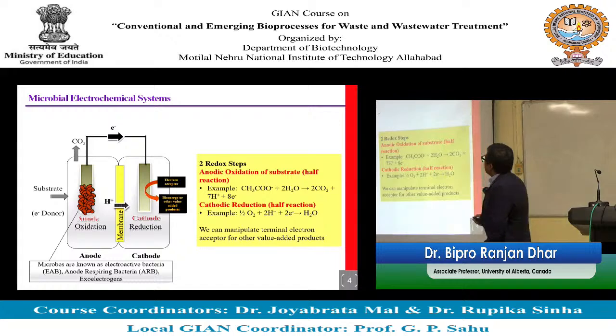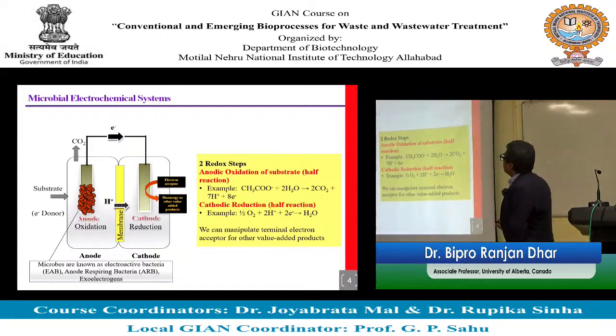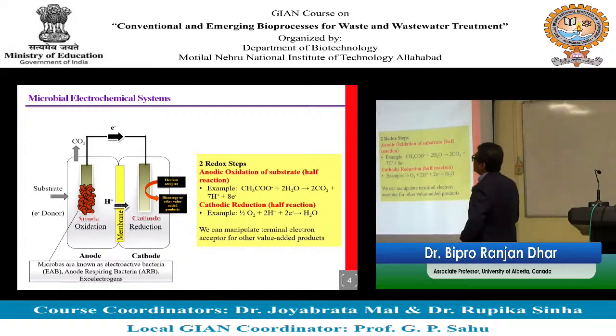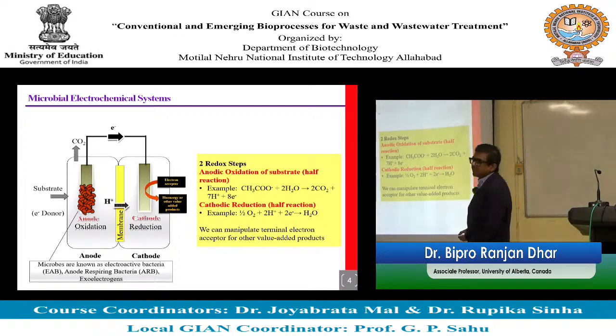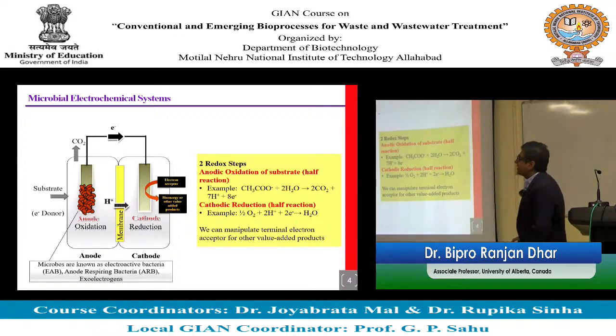Here on the cathode, you can manipulate the terminal electron acceptor and get different types of product. There is oxidation on the anode, and on the cathode you have reduction. For example, if we provide acetate as substrate, as electron donor for microbes, you can see this half reaction. In the very first lecture, we learned about half reactions, right?